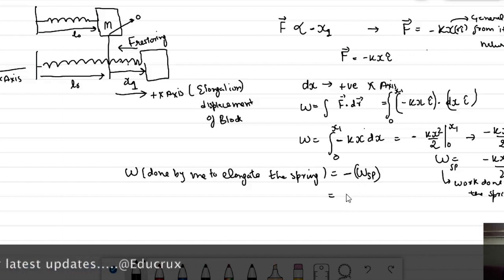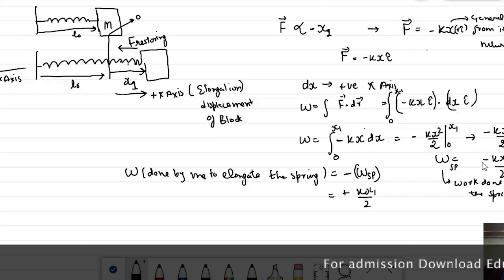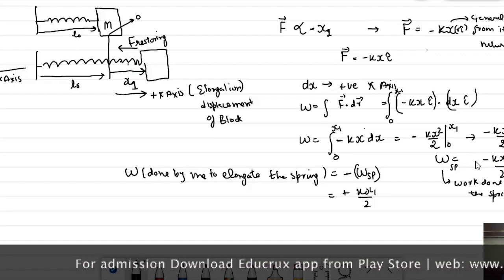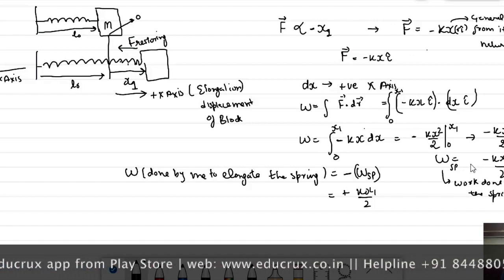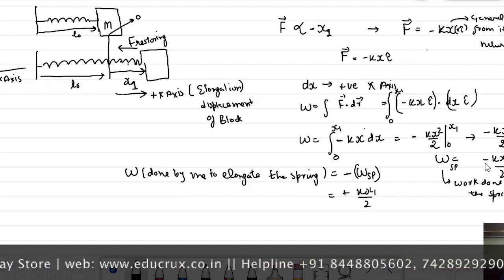So if I now substitute the value, this will be positive kx1 squared by 2. So the work done by the spring force is negative. That is, when I elongate the mass spring system, then the system is gaining energy. The spring force is gaining energy. So that's why it has a minus sign.